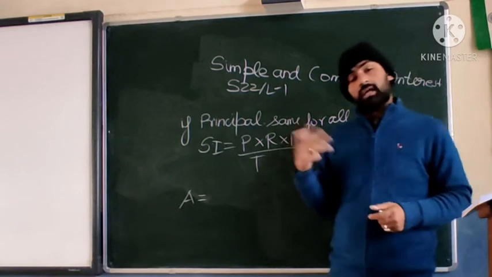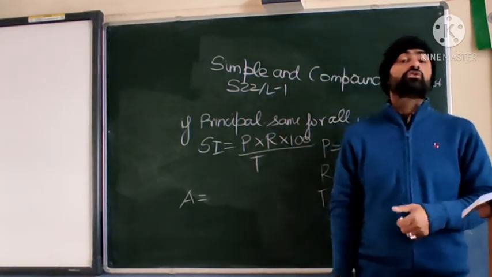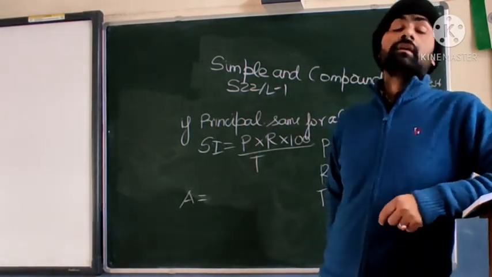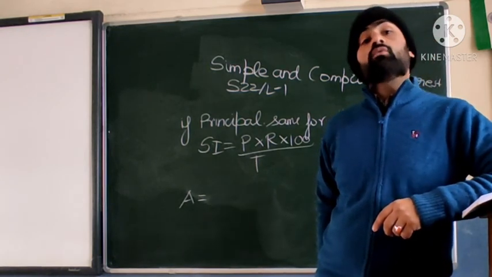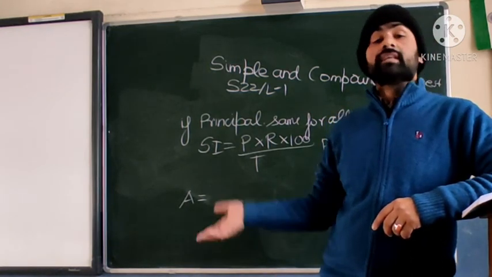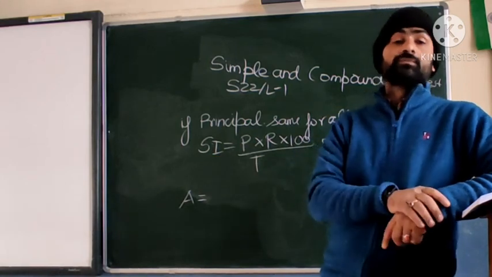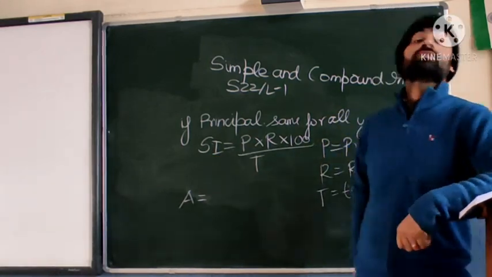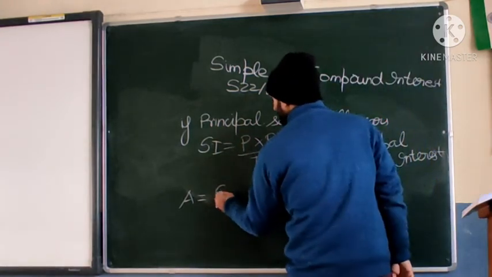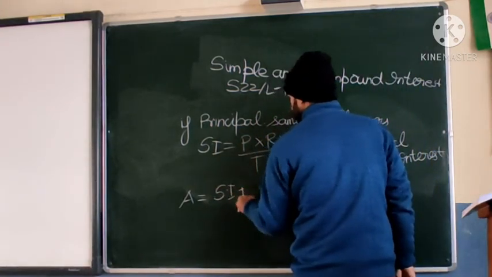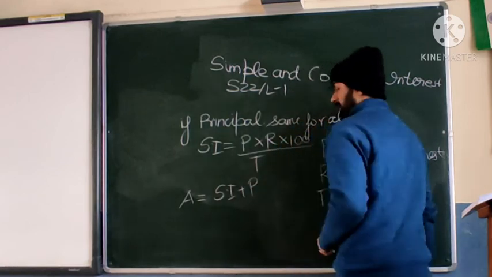So 4% means you will earn 4 rupees on 100 rupees. So how much will you earn on 1000? 40 rupees. So the person will give you, after 1 year, 1040 rupees. That is the way of it. So amount will be simple interest plus principal P.